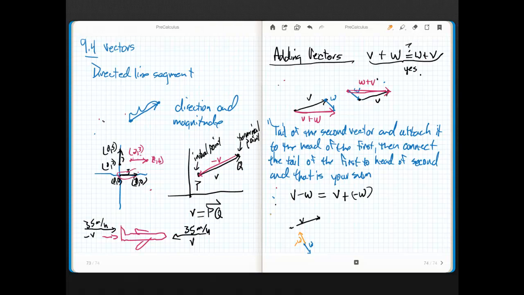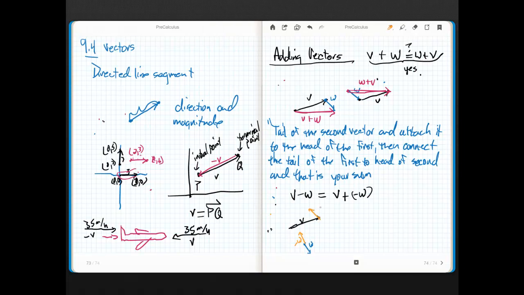So if I'm simply doing v plus negative w, then all I'm going to do is take this vector right here, and I'm allowed to move them all over the place. When I don't want it to work, it works, and when I want it to work, it doesn't. So I just move negative w up here. Remember, I take the tail of the second, attach it to the head of the first, right?